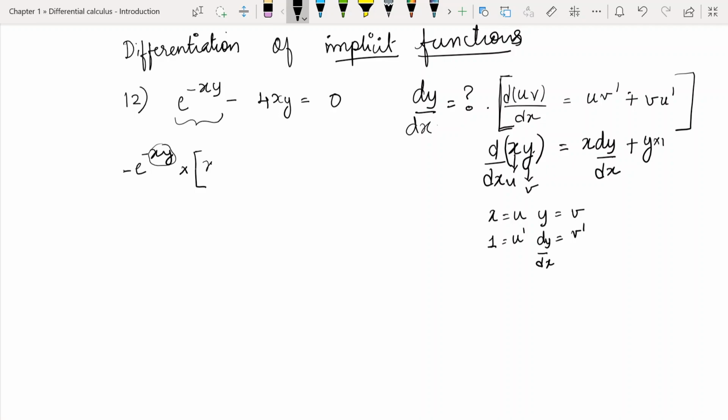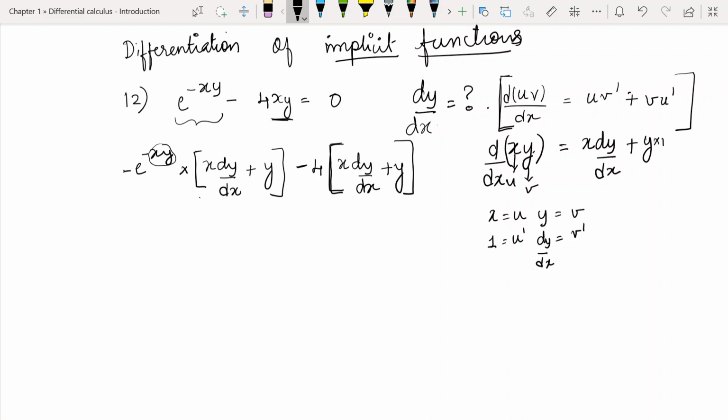What is that? x dy by dx plus y. Okay, minus 4 coefficient, write it as it is, and within bracket only the differentiation of xy, which is x dy by dx plus y.